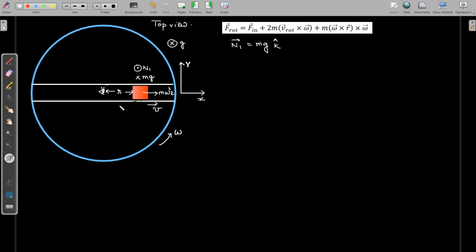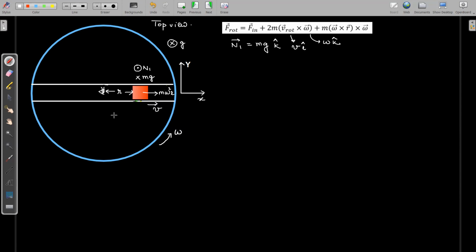If you realize the direction, v is radially outward along the x direction. The omega vector is out of the screen in the k cap direction, right? So v rotational is basically v i cap, and the omega vector is basically omega k cap. So what is the direction of i cap cross k cap?